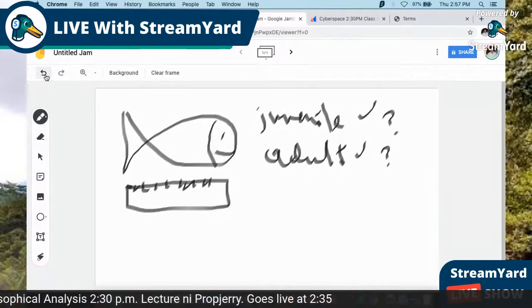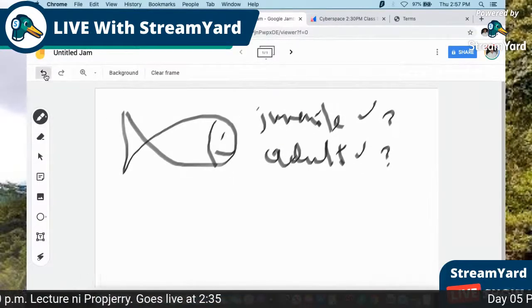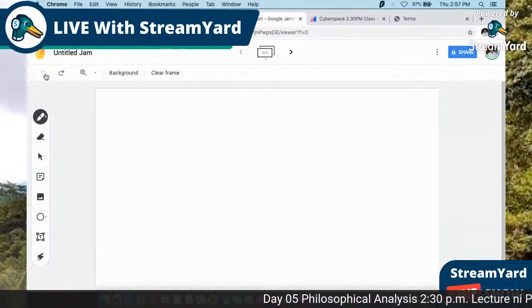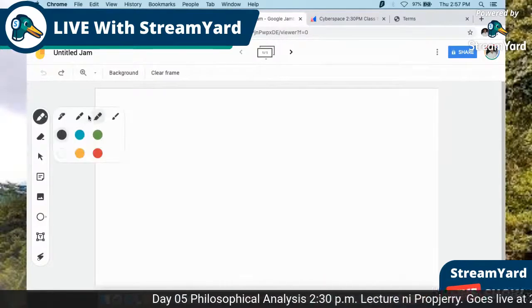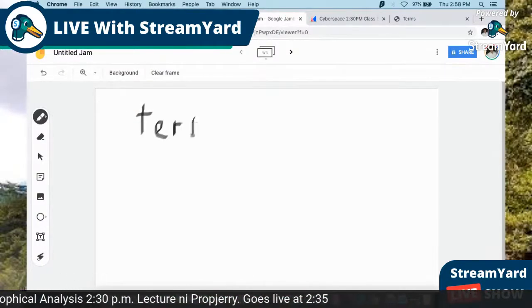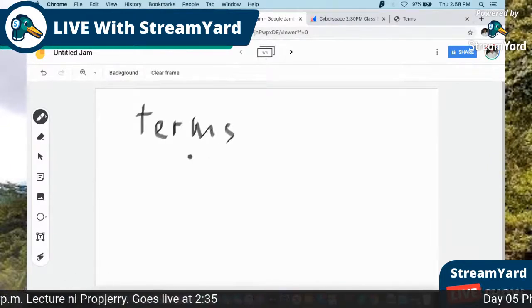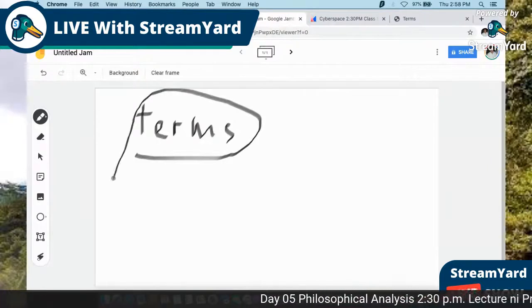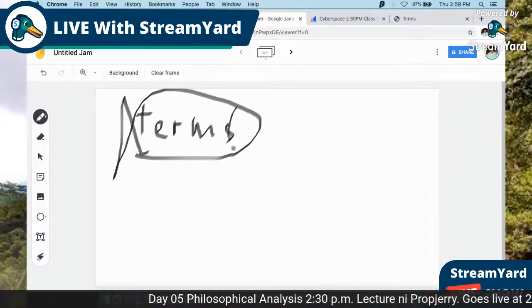All right? Similarly, you should notice that we also measure terms. We also measure terms. How? As if a term is a fish.